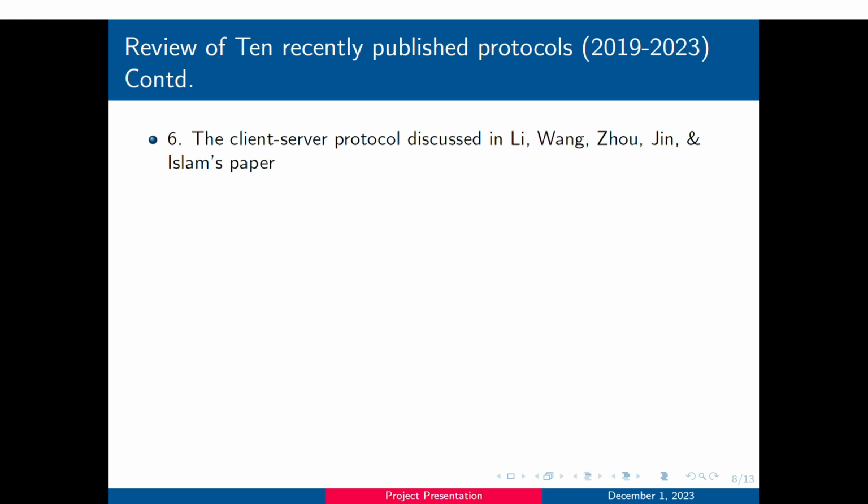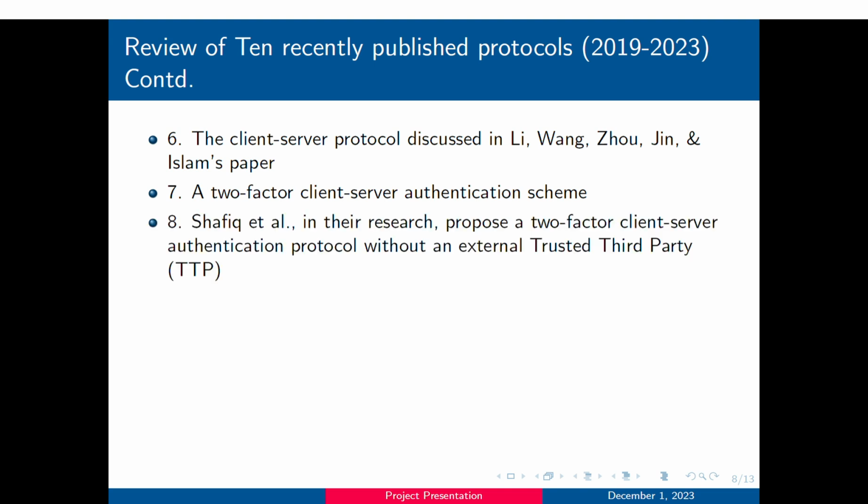In the sixth paper, we also find a client-server protocol focusing on heterogeneous user authentication and key establishment for the mobile client-server environment. In the seventh paper, a two-factor client-server authentication scheme is introduced. This scheme involves both the client and server possessing a private key for the authentication.